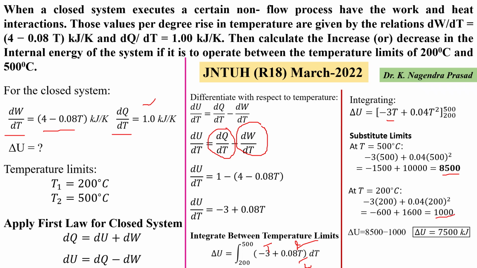So delta U equals 8500 minus 1000, which is 7500 kilojoules. This is a positive change in internal energy, so there is an increase in internal energy of 7500 kilojoules. So this is the solution.